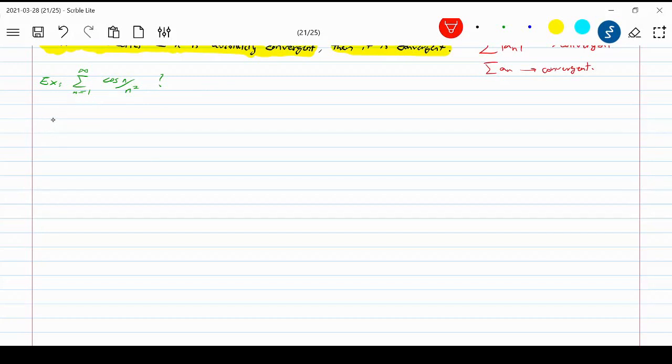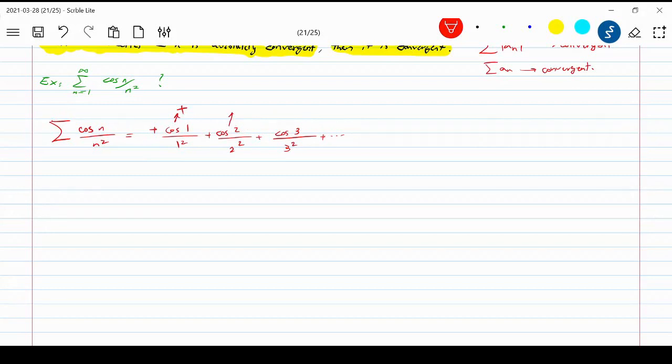What is important about this series is that you'll end up with sometimes a positive number, something like cosine 1 divided by 1 squared, plus cosine 2 divided by 2 squared, and so on. Cosine 3, I'm not going to write every term, but just to give you an idea. Cosine of 1 is a positive number, so this is positive, plus.